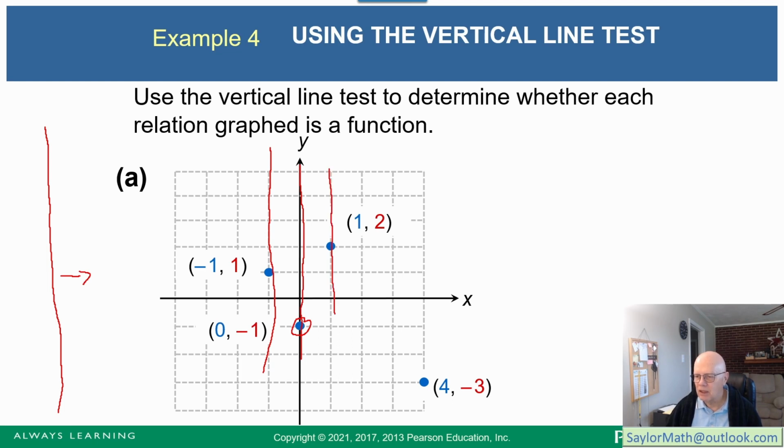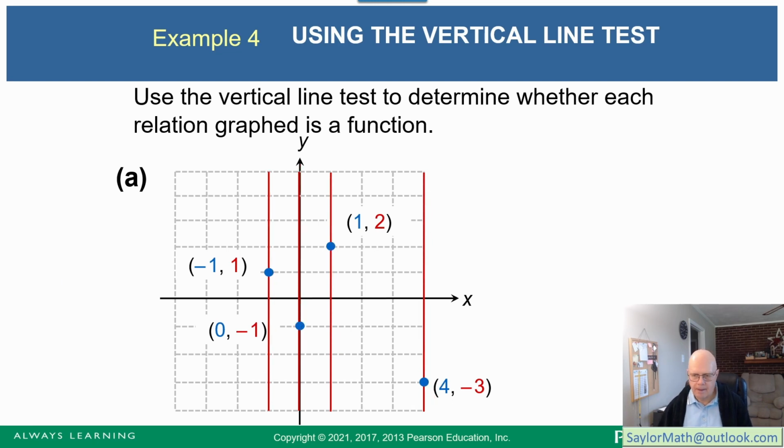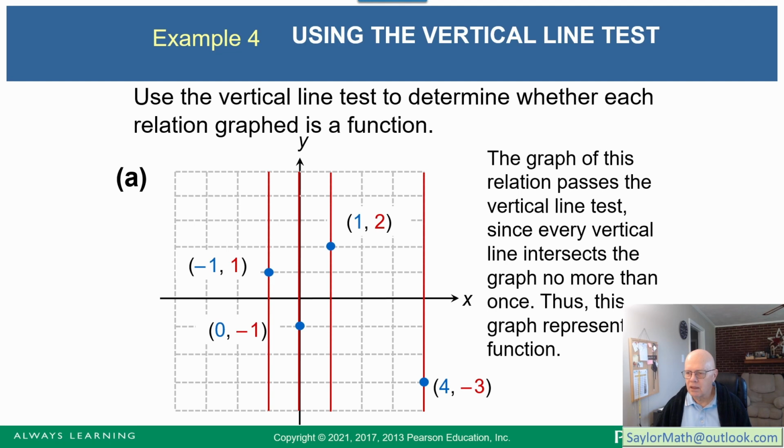On this one, again, only one point, so we're good. And over here, only one point. So it's a function. I guess I could clear those so you can see that just a little bit better. There you go. Their lines look a little bit better than mine. So we do have a function.